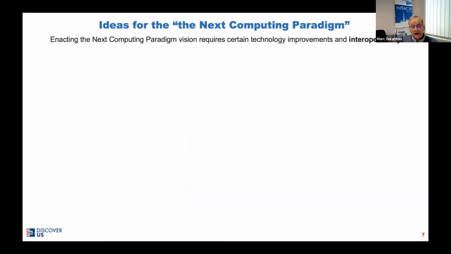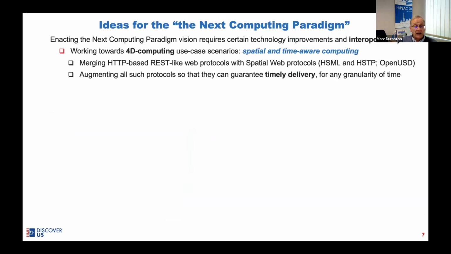So what are the first ideas that we have for this next computing paradigm is really this idea of having interoperability. So really working towards this 4D compatibility use case scenario, so between this spatial and time-aware computing.